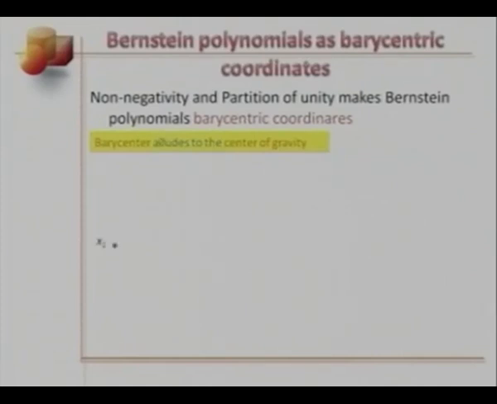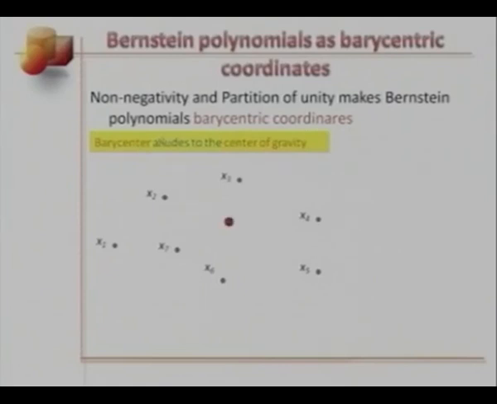Let's say we have a set of points x1, x2, x3, x4, x5, x6, and x7. If there are masses associated with these points, for example, m1, m2, m3, m4, m5, m6, and m7, it is possible for us to compute the center of mass of these points.